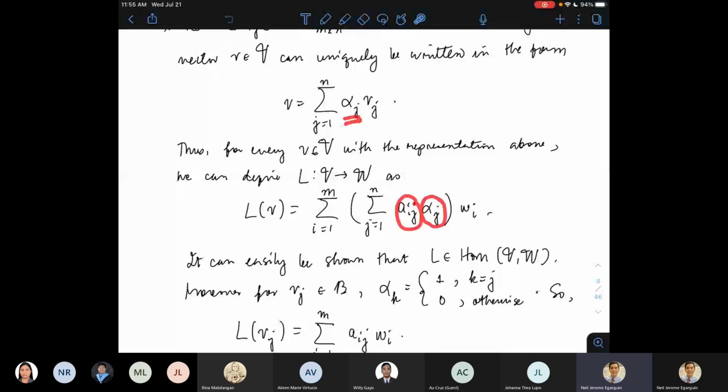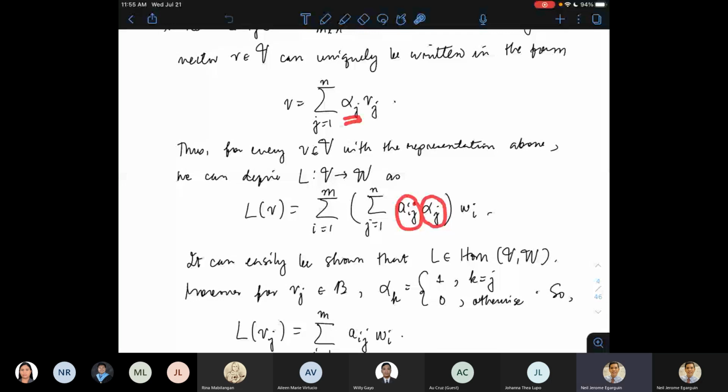And then this summation of Aij alpha j will be another scalar in F. And I will use that scalar in F to be the coordinate of the image Lv with respect to Wi. So kaya kung makuha to, siya yung magiging multiplier dun sa mga basis elements ni W.